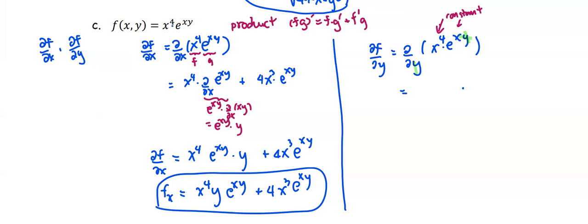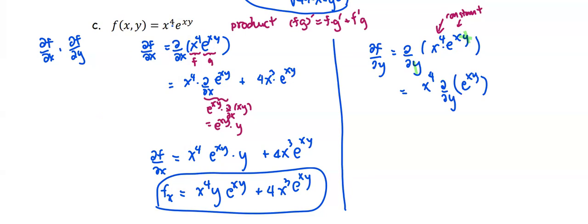So the derivative of this is x to the fourth times the partial derivative with respect to y of e to the xy, and x is treated as a constant.